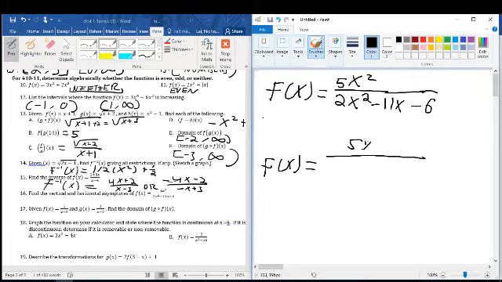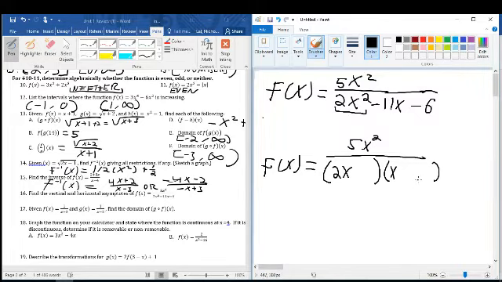So when I factor it, f of x is going to be equal to 5x squared on the top. And then when you factor this, factors of 2x squared, only possible ones we could start out with would be 2x and x. And now we need two values that multiply to negative 6 and add to negative 11.